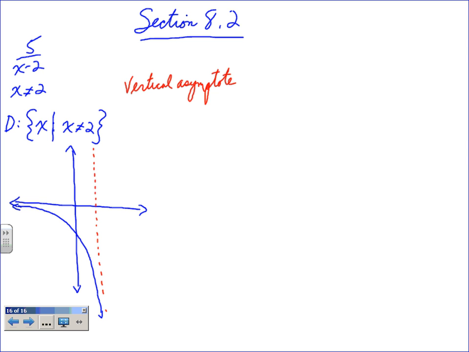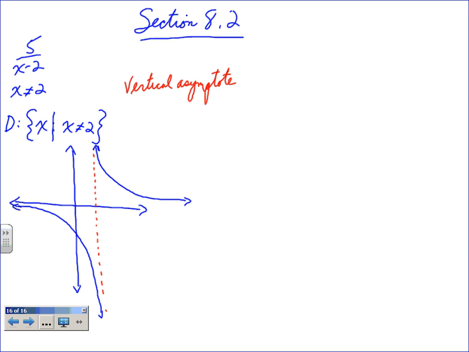Over on the right side, you can use all positive values greater than 2. And that's what it might look like over on the right side. When it approaches from the right, it gets closer and closer to the vertical asymptote, but it will never touch, it will never cross, because x cannot equal that. Vertical asymptote. Yeah? So can it not cross the x-axis?